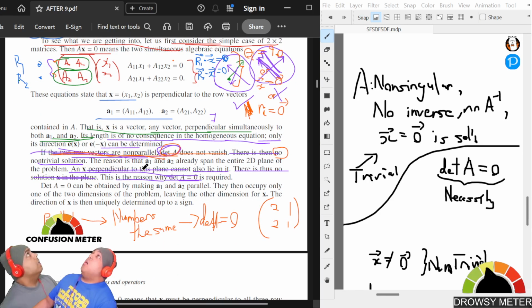The reason is that A1 and A2 already span the whole of the 2D plane of the problem. An X perpendicular to this plane cannot also lie in it. There's just no solution X in the plane.